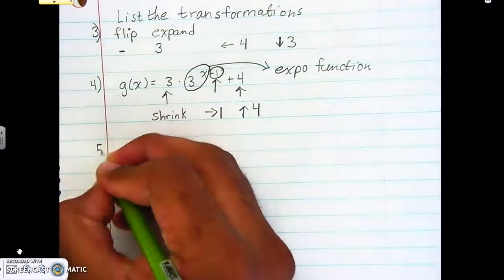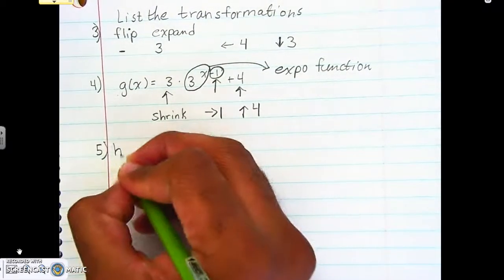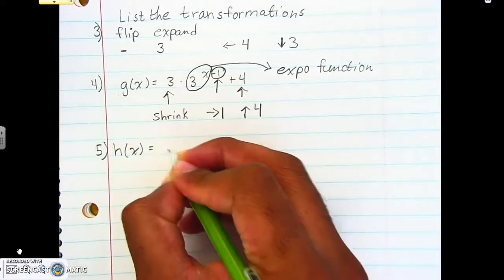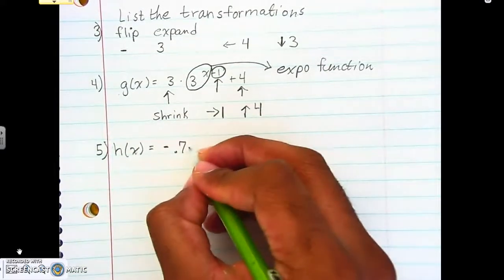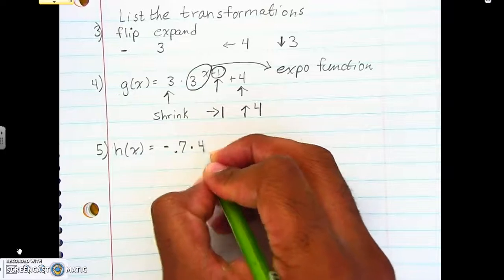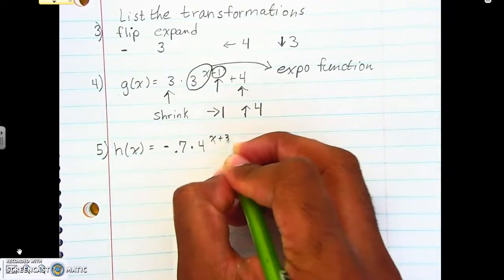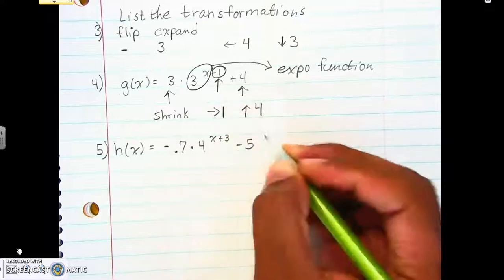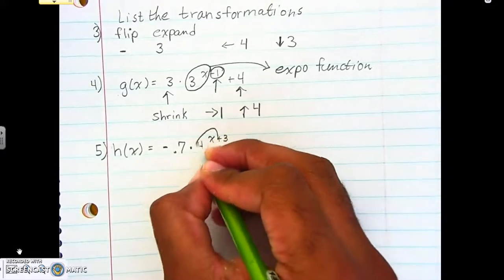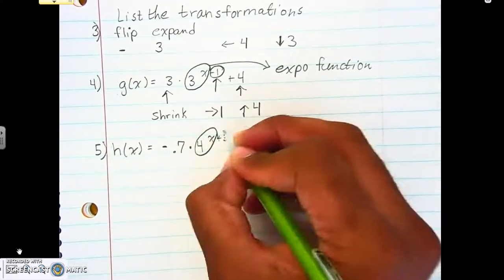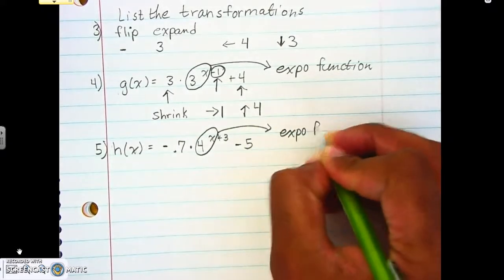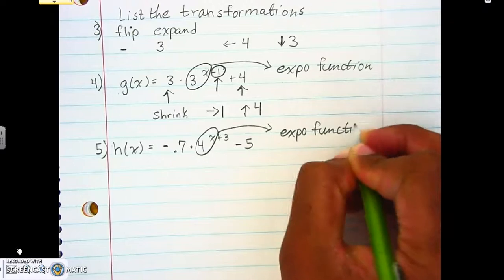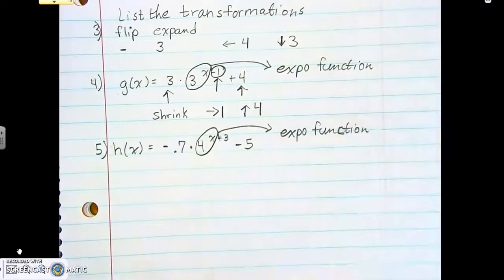Then 5, it's the same type of thing as an exponential function. So we have a negative in front this time and a 0.7. Again, 4 to the x is your exponential function.